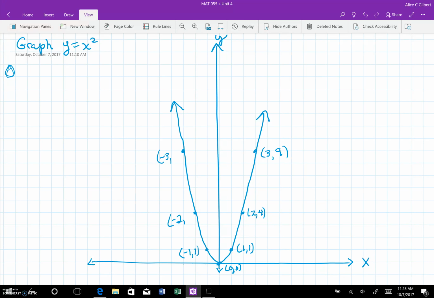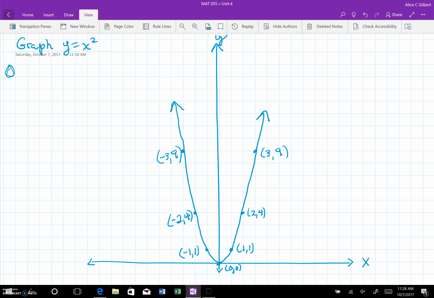Oops, not one. Somebody caught that. Okay, so get out some graph paper and graph this as well, because as we're talking, you're going to need to be seeing this.